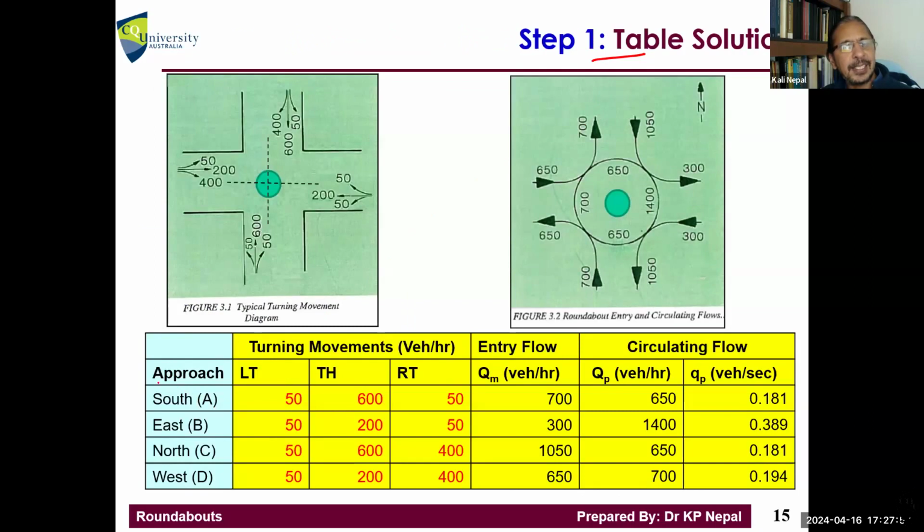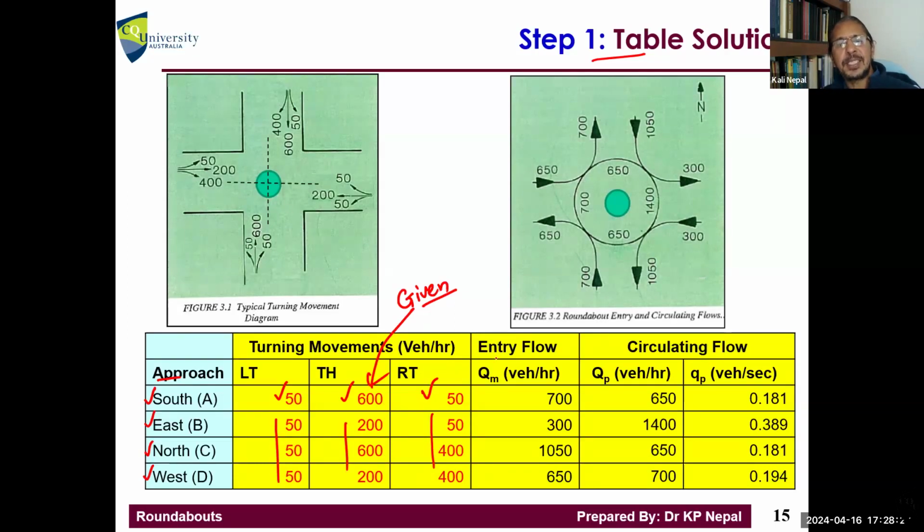I wrote the approaches, starting south, going east, north, and west, similar to what I did in my unsignalized intersection analysis. So there are 50 vehicles turning left, 600 through, and 50 right. And all the other data I have also summarized. These are the given data. In your assignment, you also have this data already.